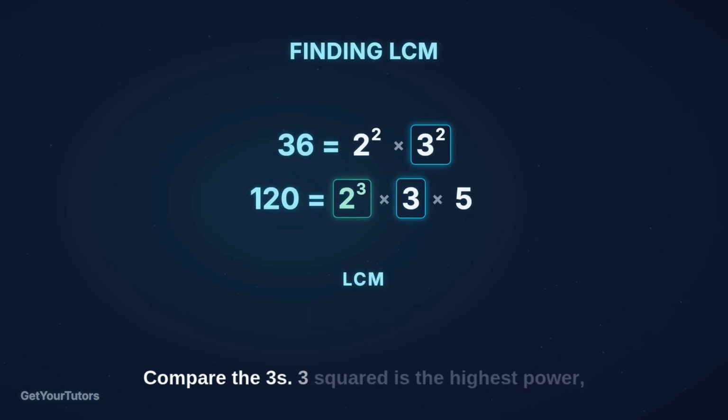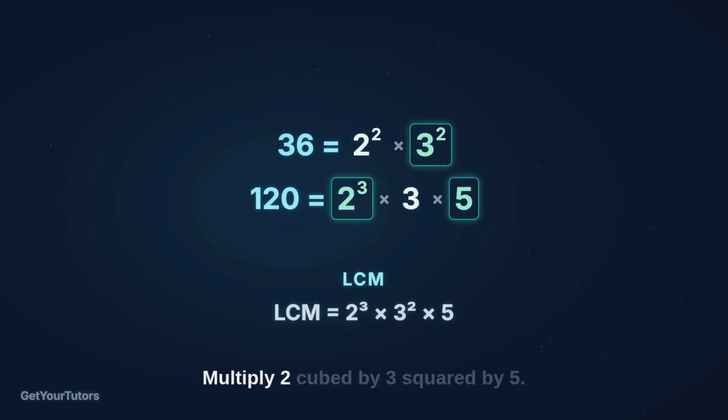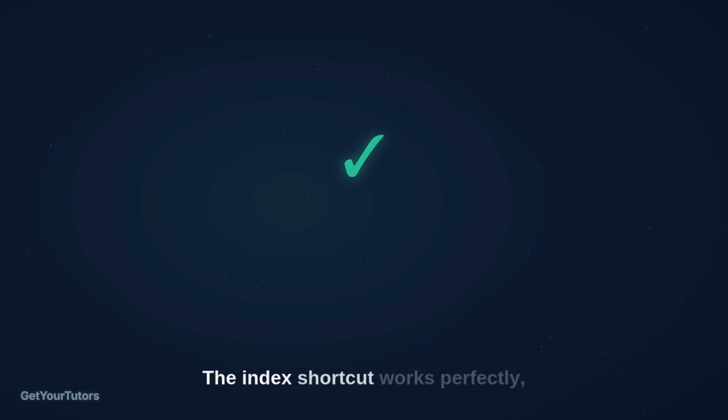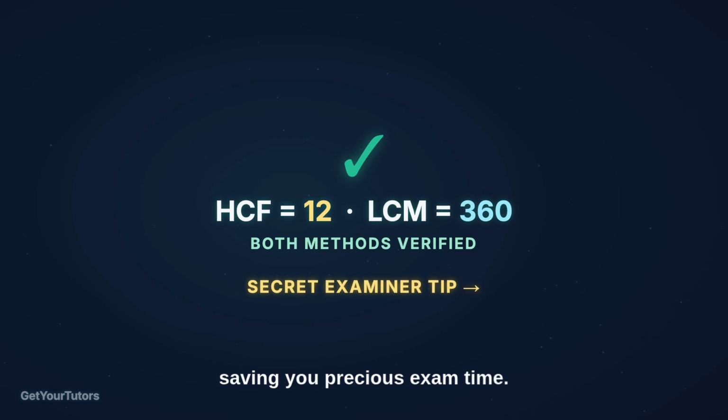Compare the 3's. 3 squared is the highest power, and we must include the 5 to the power of 1. Multiply 2 cubed by 3 squared by 5. 8 times 9 times 5 equals exactly 360. The index shortcut works perfectly, saving you precious exam time.